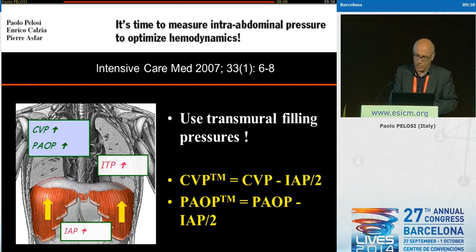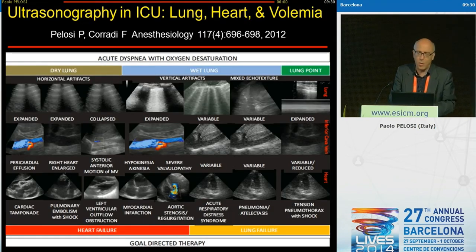Overall, we believe that echography is very, very important in these patients, because we can get information on the lung structure, and I showed you that intra-abdominal pressure can markedly affect the lung edema and eventually the lung injury.